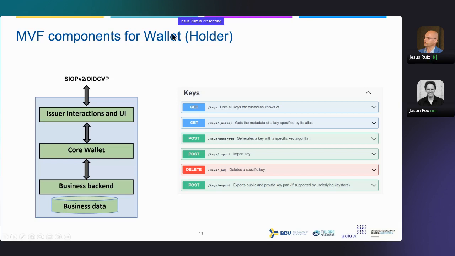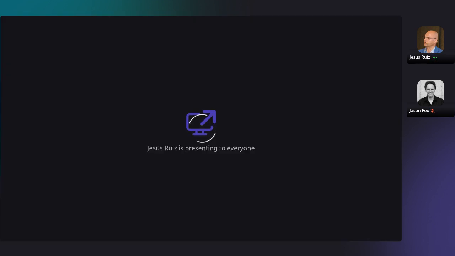Then components for the wallet. You are going to get a standard wallet, so you don't have to care about the wallet. But if you want to integrate a wallet, for example a bank that wants to use verifiable credentials, many companies already have mobile applications or PWAs, web applications.